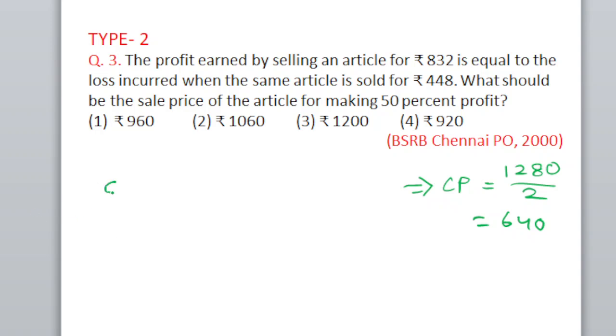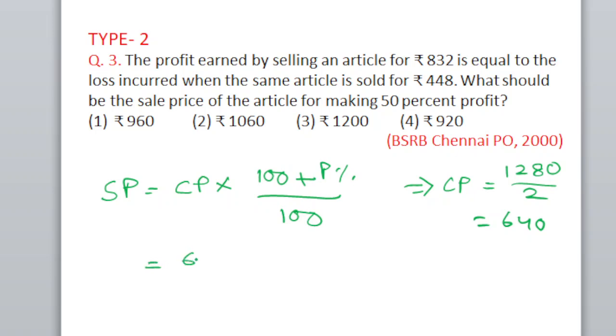Now SP is equal to CP into 100 plus profit percentage divided by 100, because there is a profit of 50%, so it will be plus profit percentage.